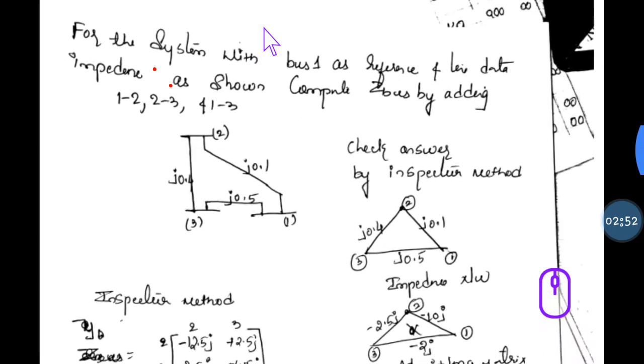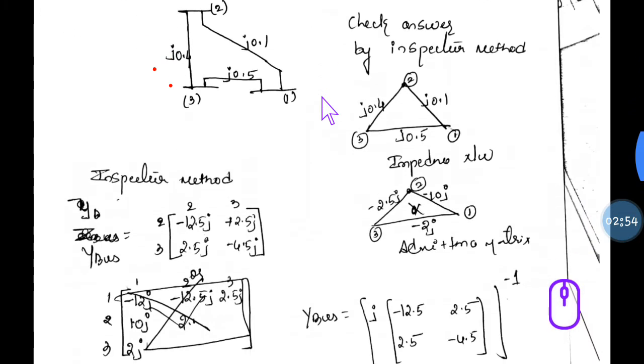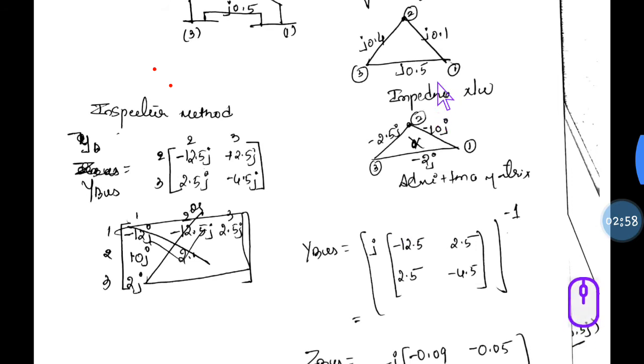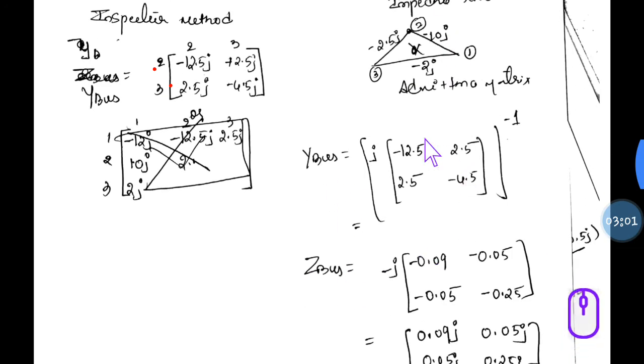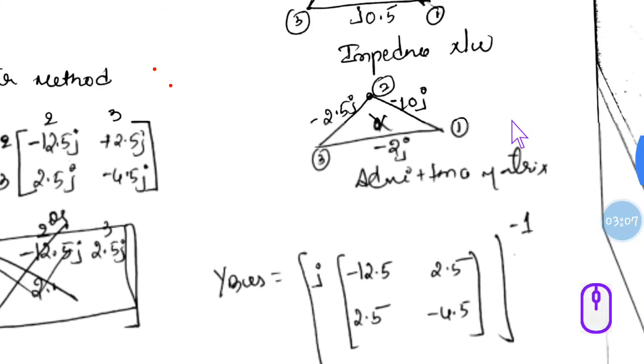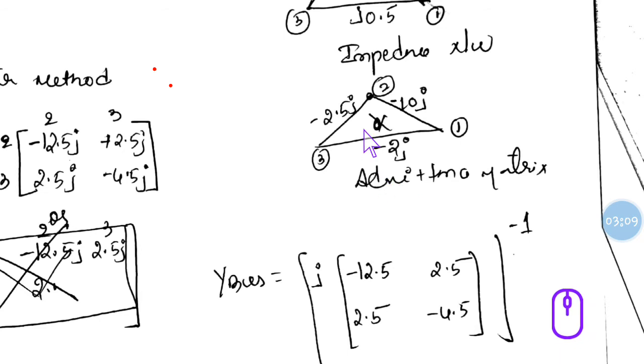That is what I have done here: I converted impedance to admittance, removed the reference bus 1, and got the 2 cross 2 Y bus, with entries Y of 2,2, 2,3, 3,2 and 3,3.